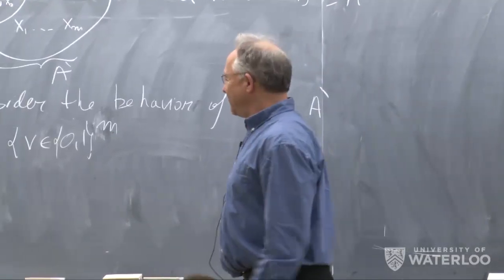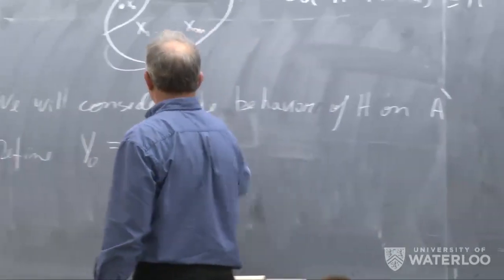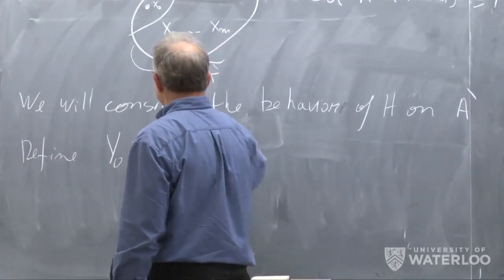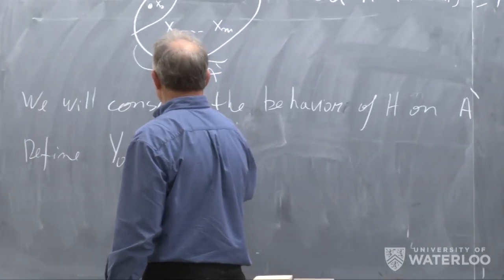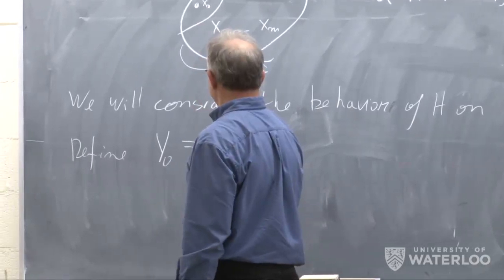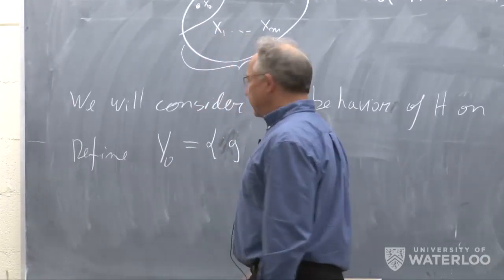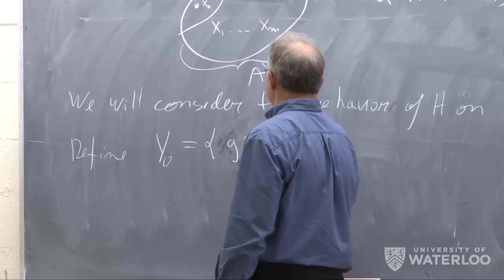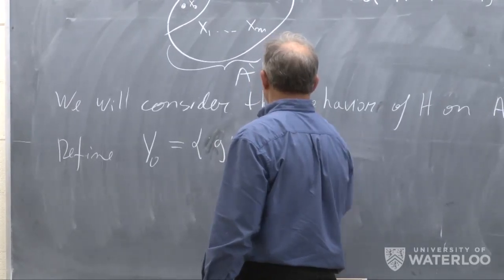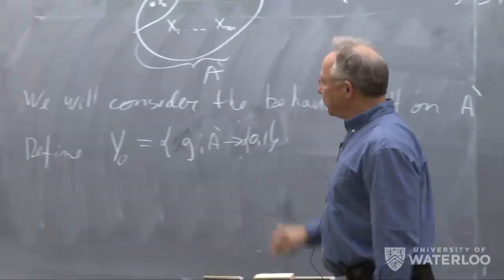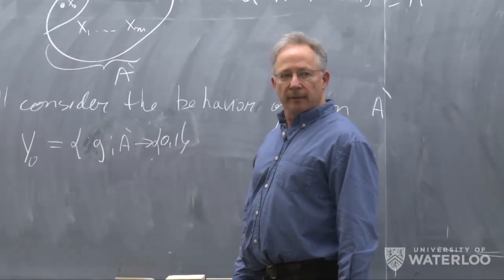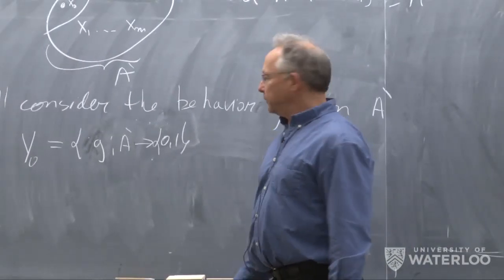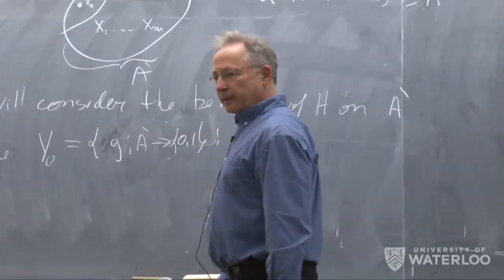So, okay, let's try a third way to do it. Let's say it's the set of all G's such that G goes from A prime to 0, 1. Yeah, that may be clearer. I look at all the functions G that go from A prime to 0, 1, such that what happens?